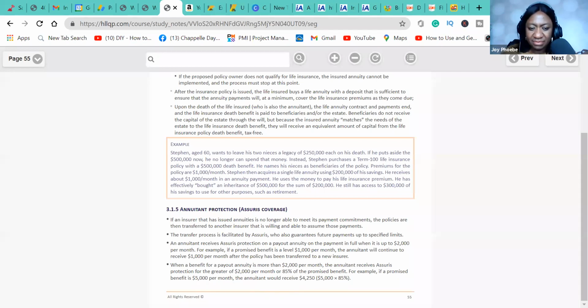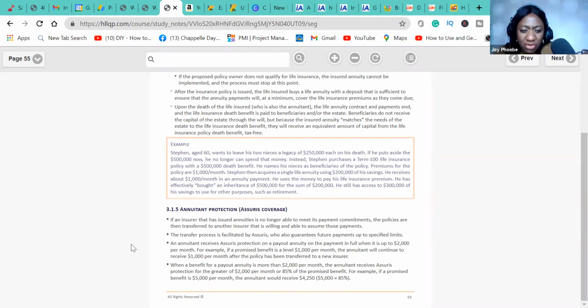Now with annuities, an annuitant receives Assuris protection on the payout annuity, with payment in full when it's up to $2,000 per month. For example, if your annuity payment is up to $2,000 per month, then you will continue to receive your $2,000 every month.